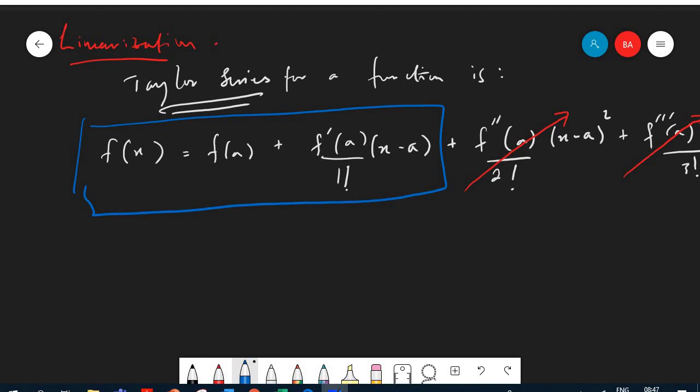If you look at these first two terms, this looks like an intercept, and this looks like a slope, which is the first derivative, times the difference, x minus x naught. So it looks like the equation of a straight line. It makes sense, so that is an approximation to a linear function.